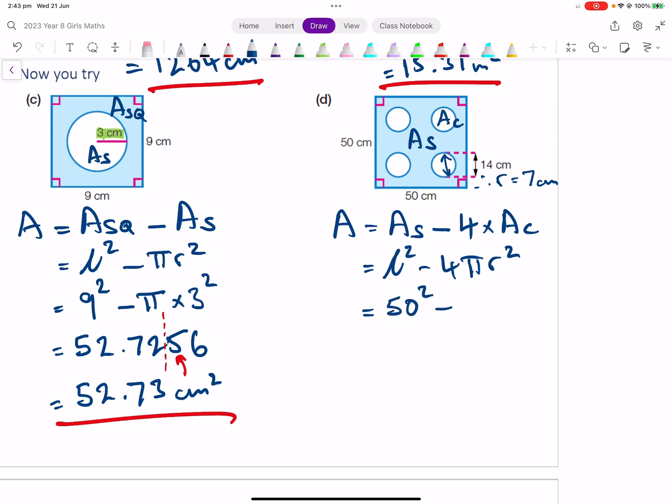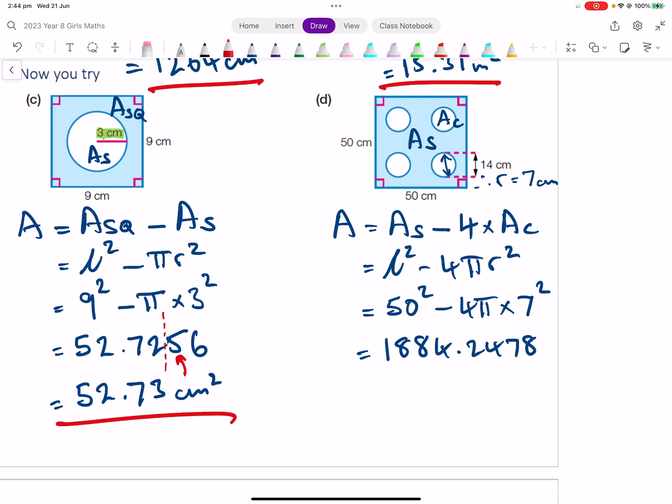All right, so let's plug in those values. 50 squared minus 4 pi times 7 squared. Hey Siri, what's 50 squared minus 4 times pi times 49? 50 squared minus 4 times 3.1415 times 49 is approximately 1884.2478.